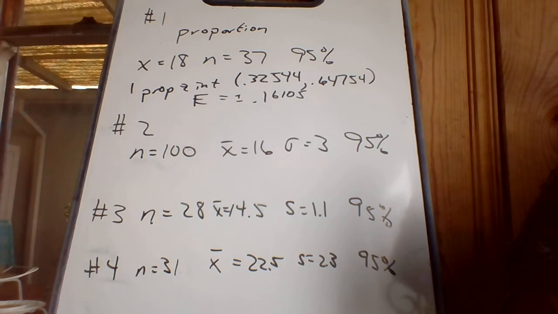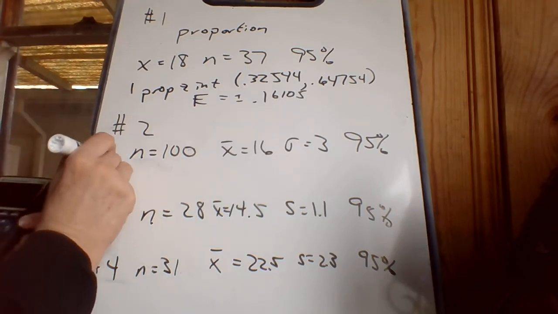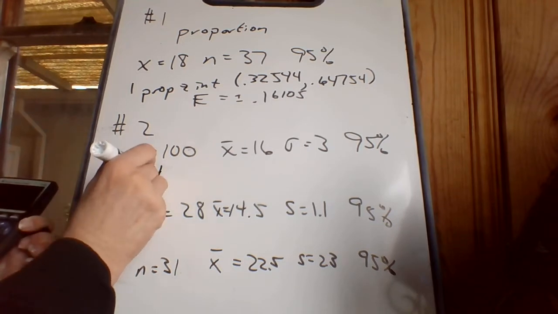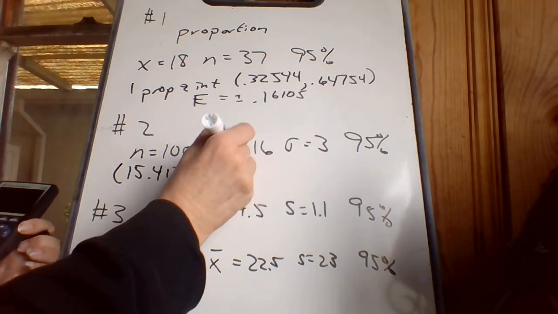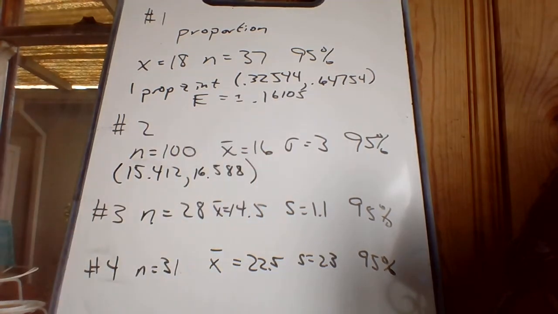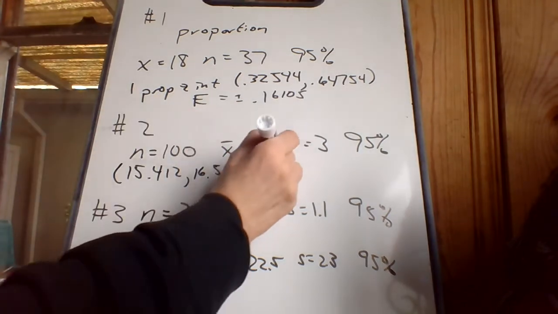C level is 0.95. 15.412, comma 16.588. Big minus little: 16.588 minus 15.412, divided by 2, is 0.588.